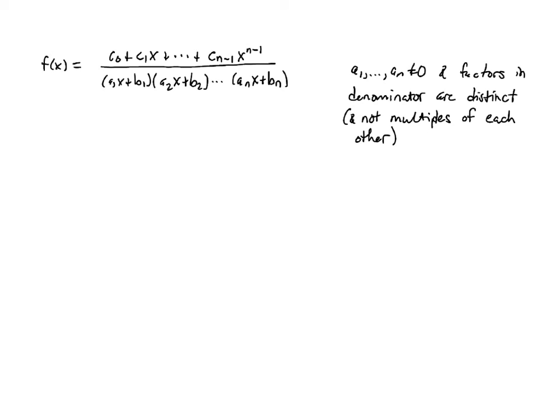And then the result is that this function can be decomposed as a constant divided by the first factor in the denominator, plus a constant divided by the second factor in the denominator, and so on.